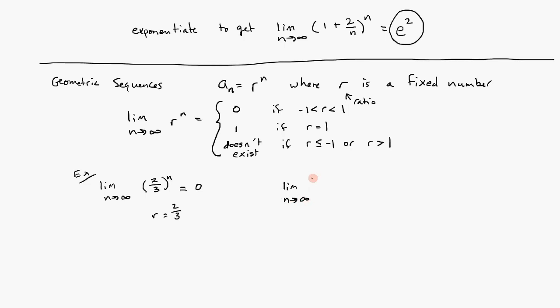Limit as n goes to infinity of, say, (-1.2)^n. So here r is equal to minus 1.2, which is less than negative 1, and so this limit doesn't exist.